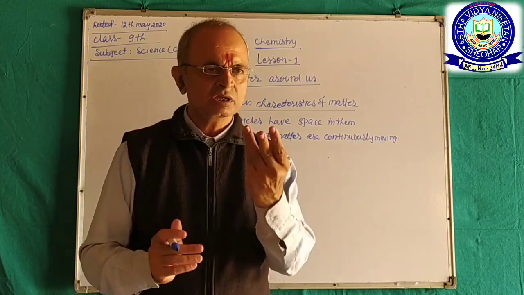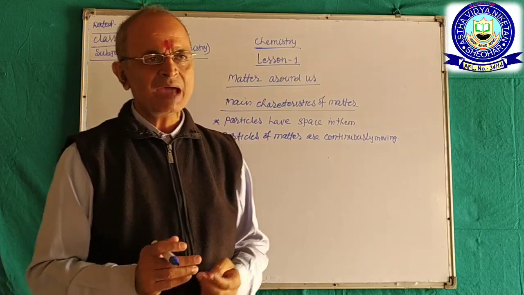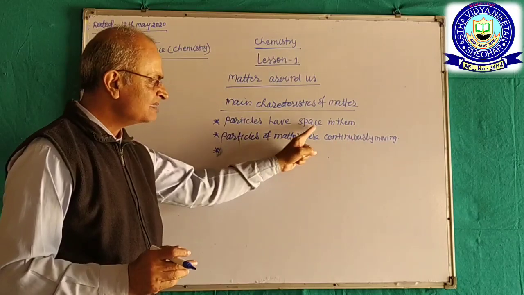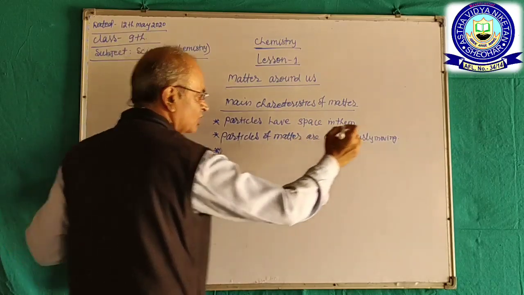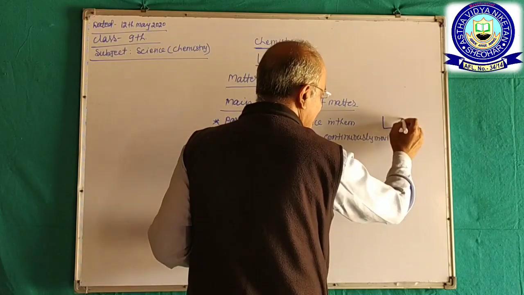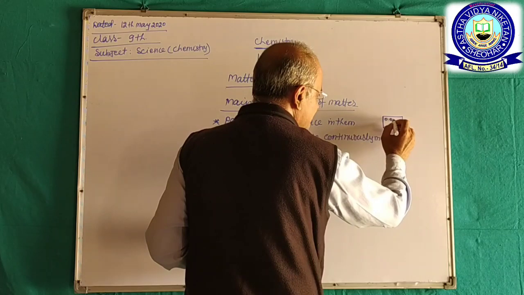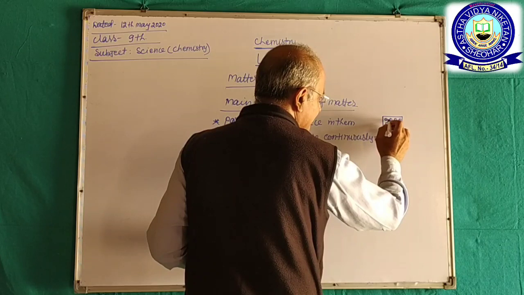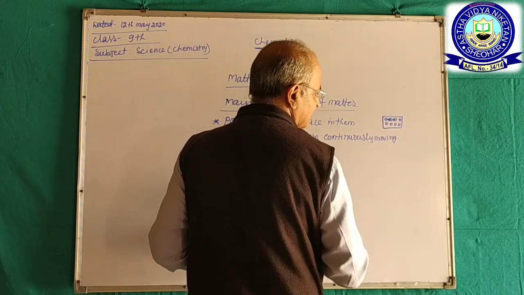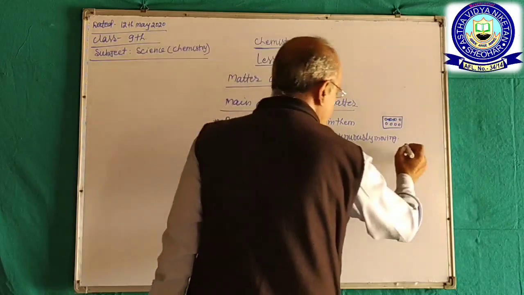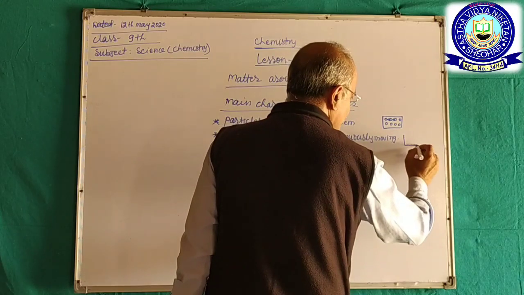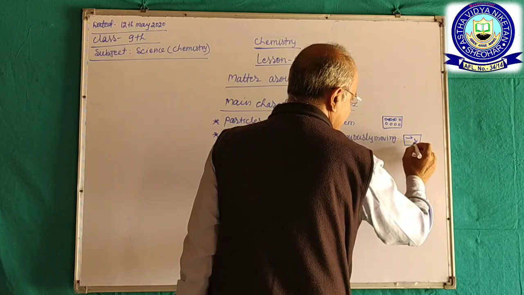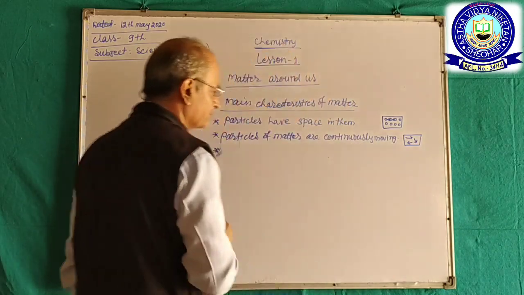These are the three physical characteristics we have learned. First of all, particles have space in them. Means if particles are there, there is space between their molecules. And particles of matter are continuously moving from there to there, like this.